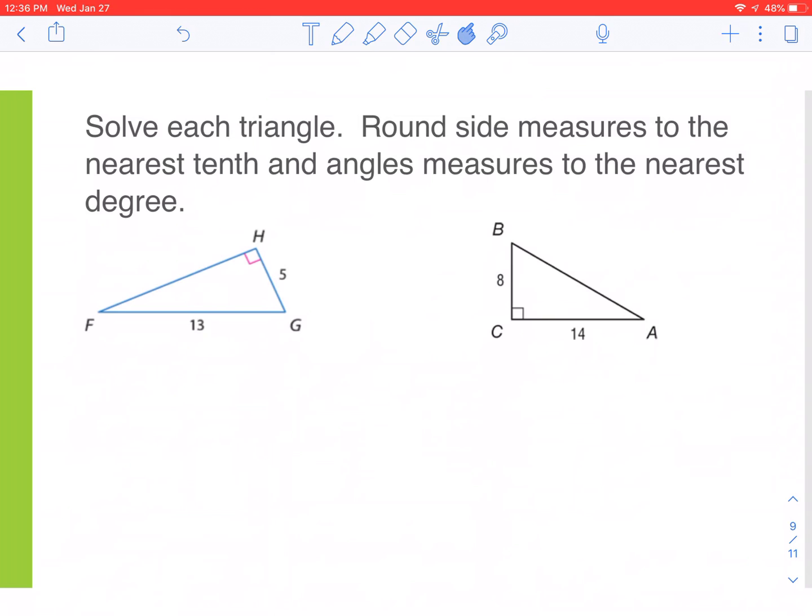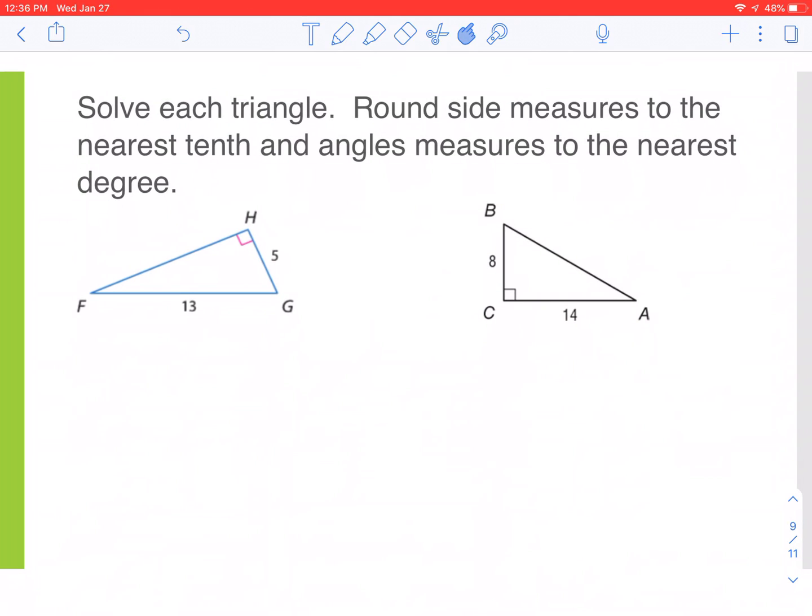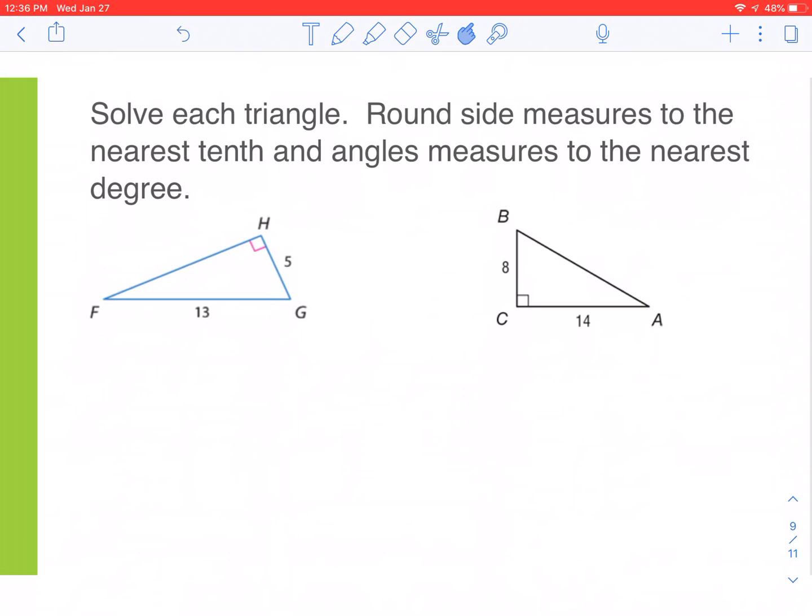Okay, now we can find all the missing sides and angles of a triangle. Okay, so I can find this side by Pythagorean theorem. I'm not going to do all the math for you, but that's going to come out to 12. I can use a squared plus b squared equals c squared.